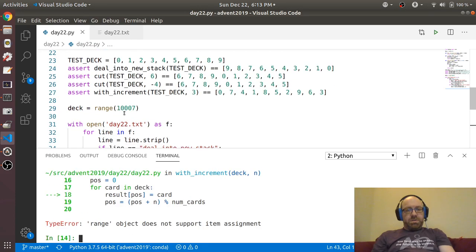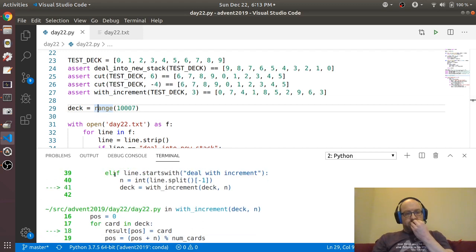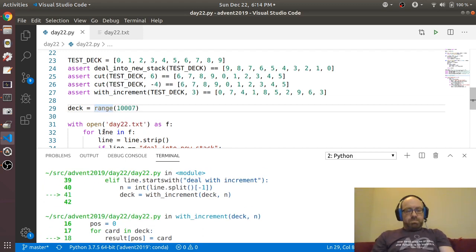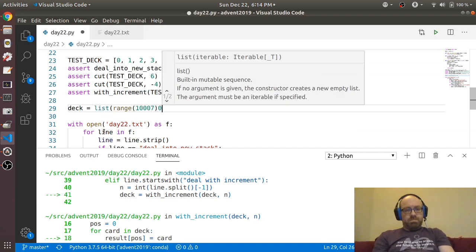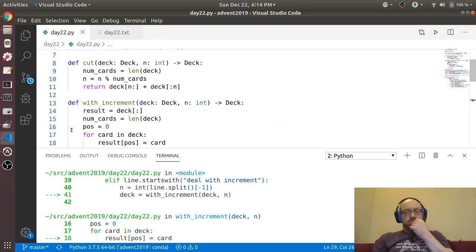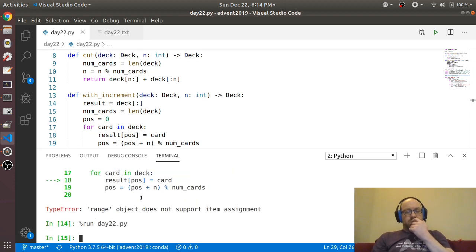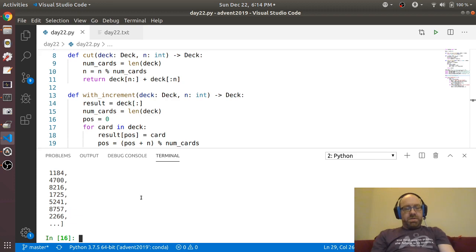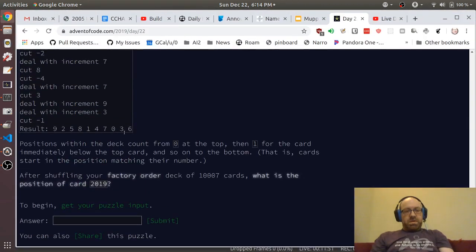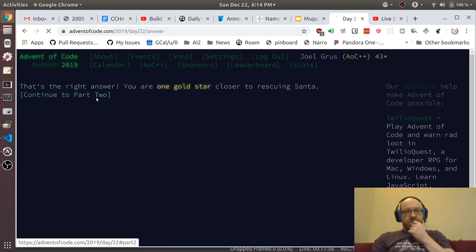Range object, dec, dec.index of 2019 is 1867. That's the right answer. Continue to part 2.